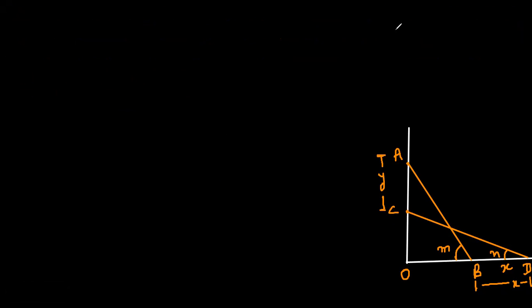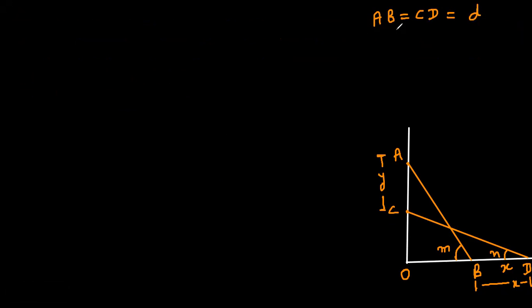Since the length of the ladder is going to remain the same, that means AB is same as CD. Let's say this is the length of the ladder, denoted by small d.